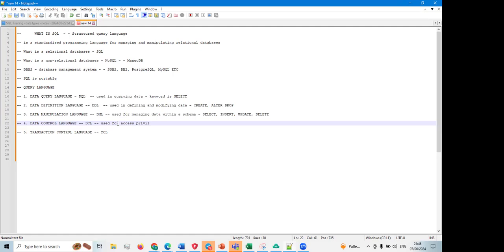It can be used in giving access privilege or to revoke or remove access privilege. So the words here are grant and revoke. These are the key words for data control language.